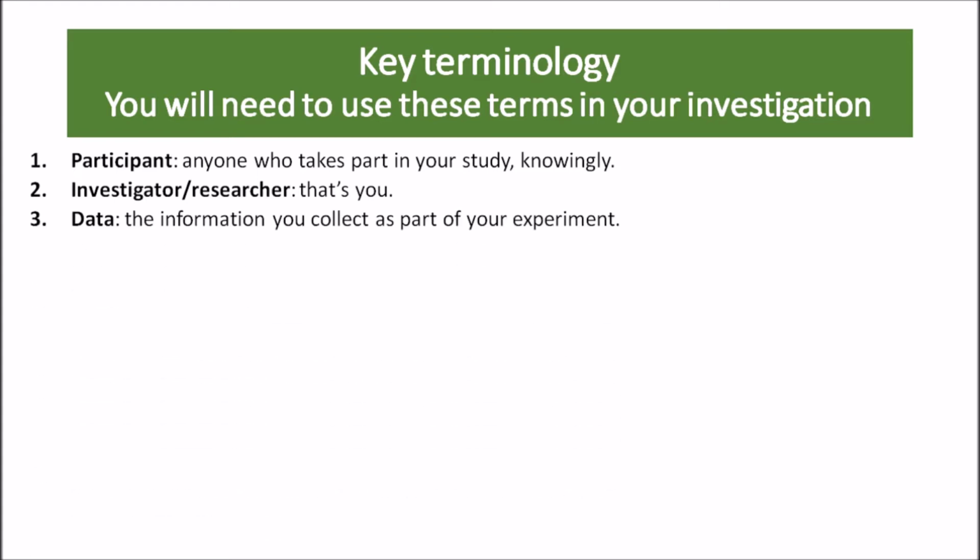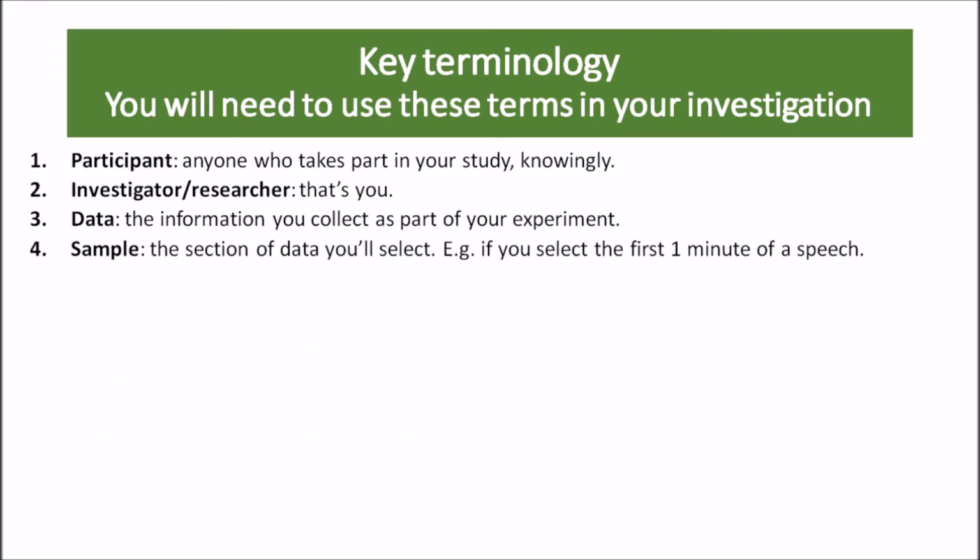The data is anything you collect as part of your experiment, and it doesn't have to be fresh data like we talked about. You can use data that already exists in the world, such as TV shows, transcripts, YouTube videos, etc. Your sample is the section of data that you'll select. Now that could also be the people that you select to participate.